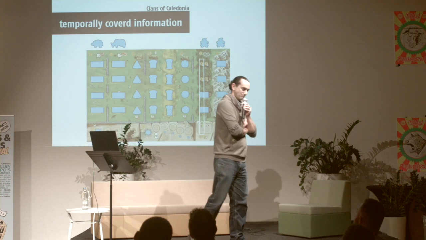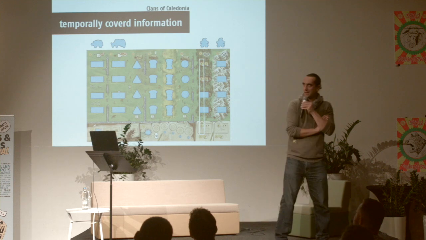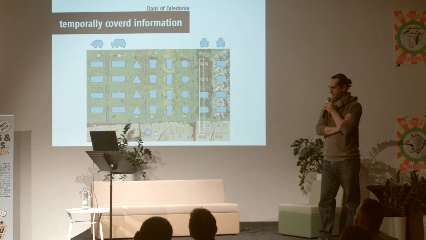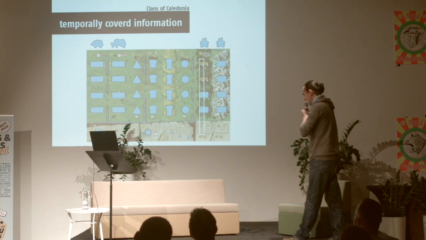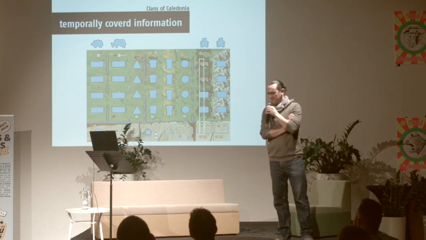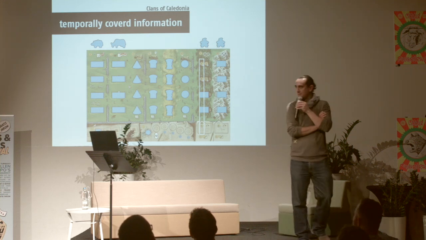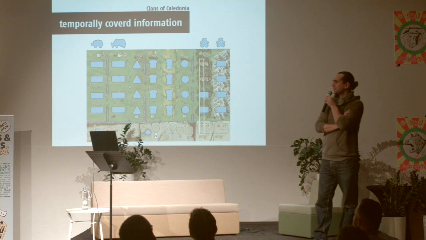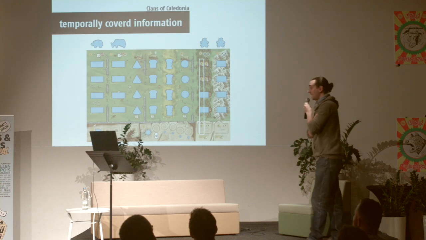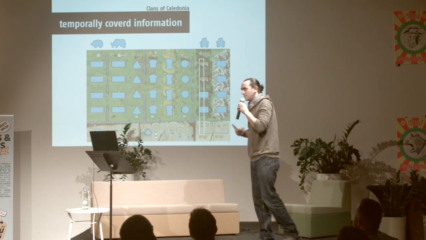One other technique, I really am astounded that it's such a young thing. I'm not sure if Terra Mystica was the first, but I worked on a game two years ago that uses it as well. I call it temporally covered information.